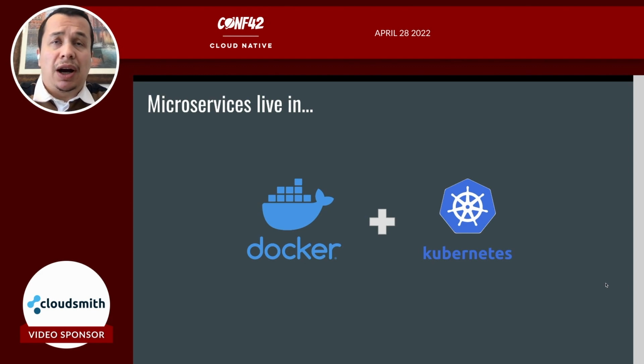First, we need to understand where we set up our microservices. In modern application ecosystems, they are most likely in a containerized environment, where we will most likely be using Docker as the container engine and Kubernetes as the container orchestration tool.